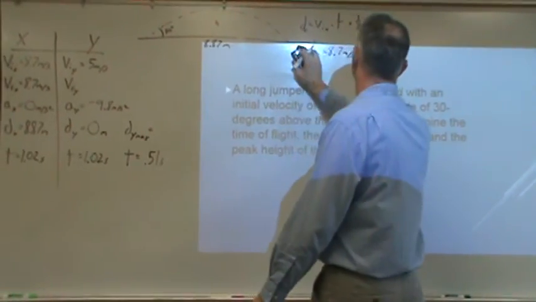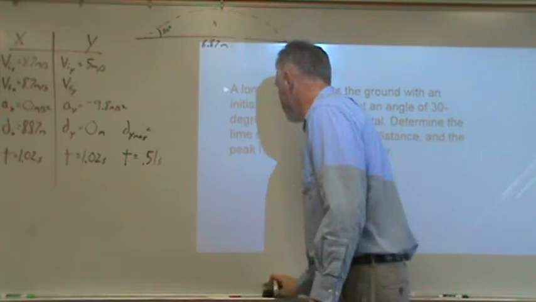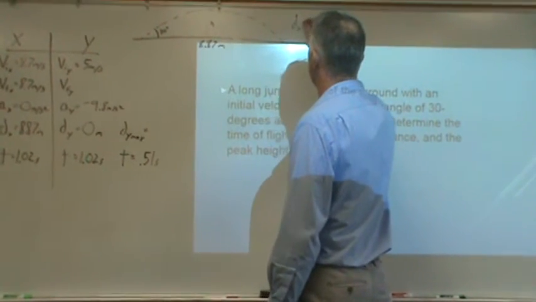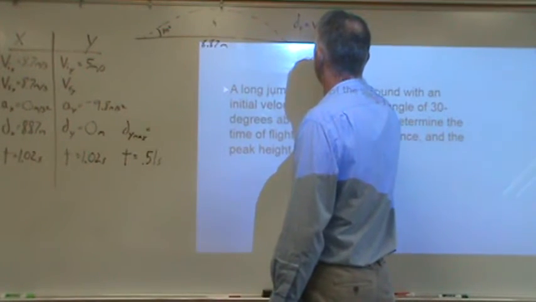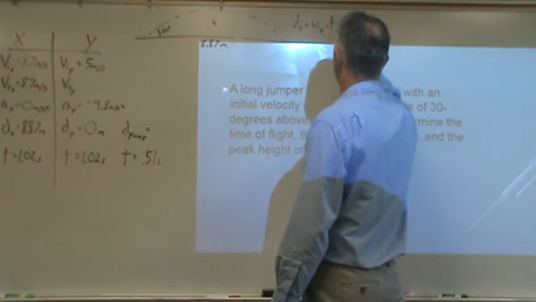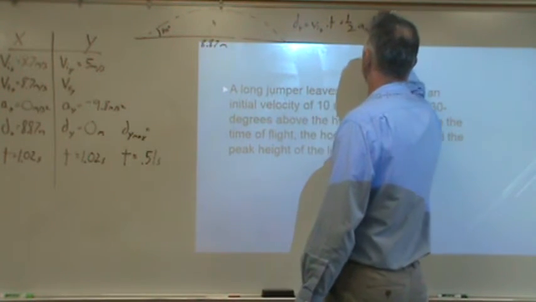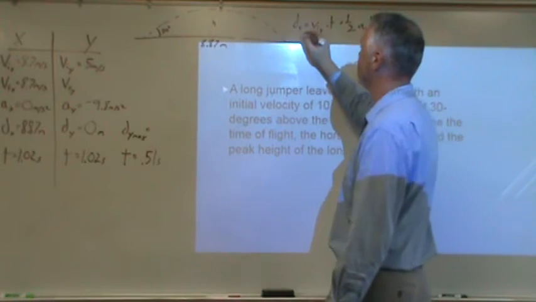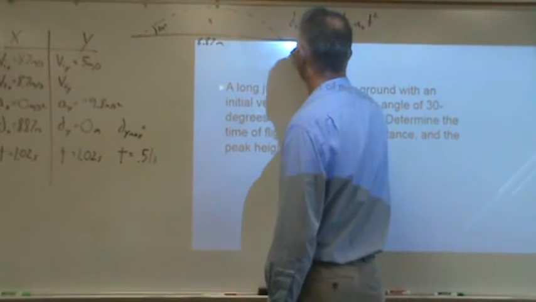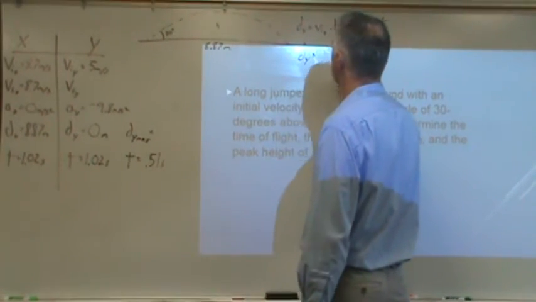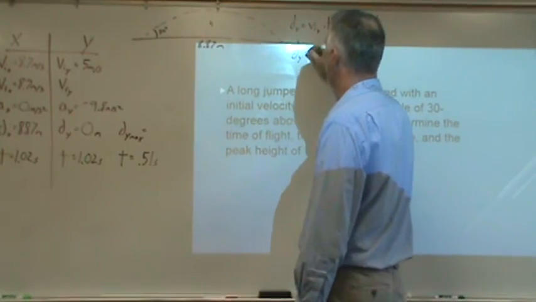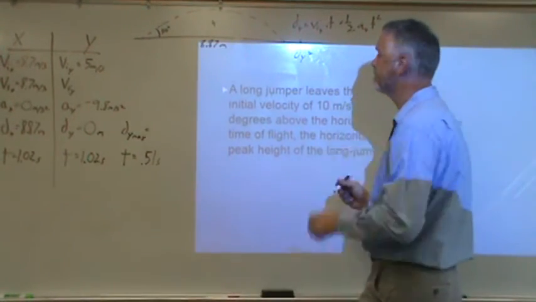So, using that same equation, dy equals viy times t plus 1/2 ay t squared. I'm going to plug in. I'm solving for dy, so it's already set up for me. Not going to be too hard to solve. No algebra involved, just plugging in numbers.